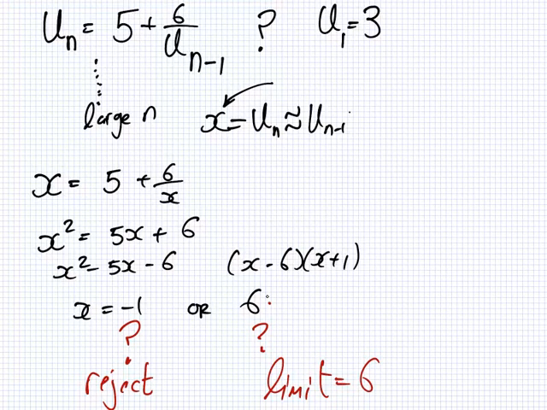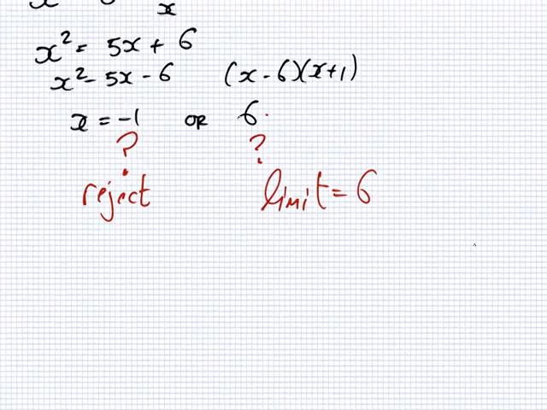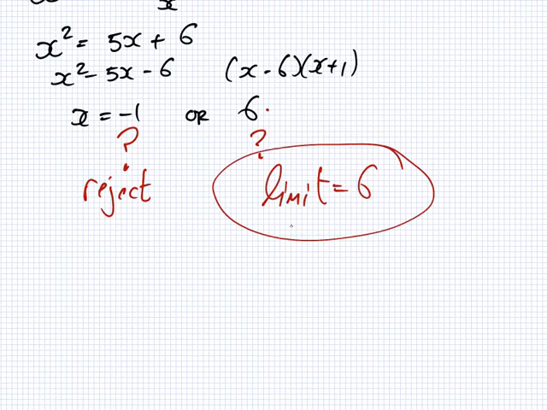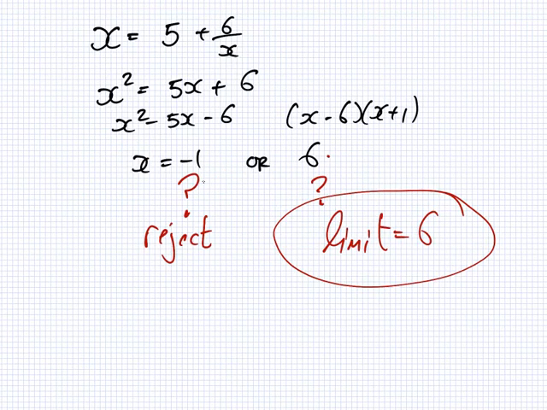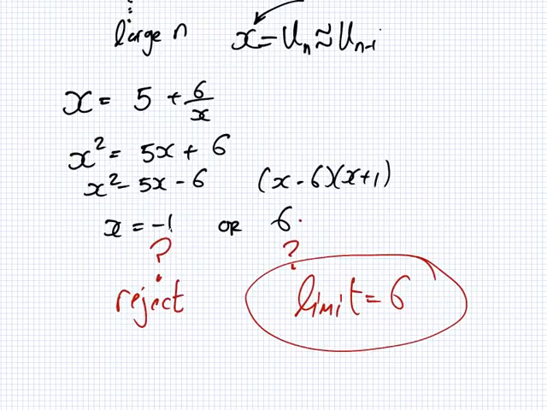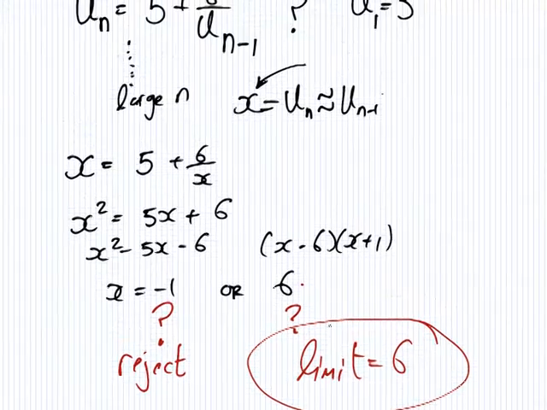So we can see that our sequence really wants to move to 6 as the limit and really avoids this answer. So minus 1 is not a limit. I can't even make it get to minus 1. I can only make it get to 6. So clearly 6 is the choice to make here.